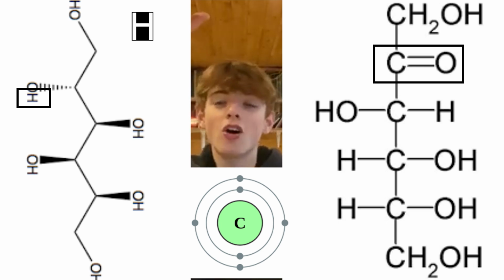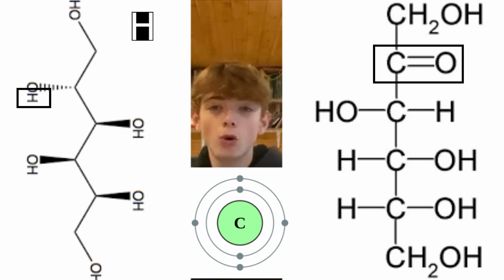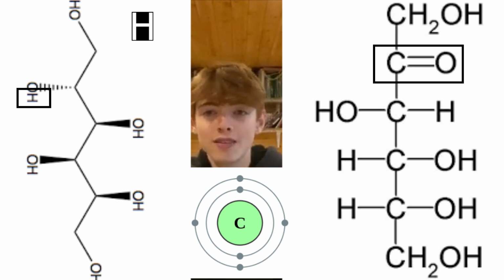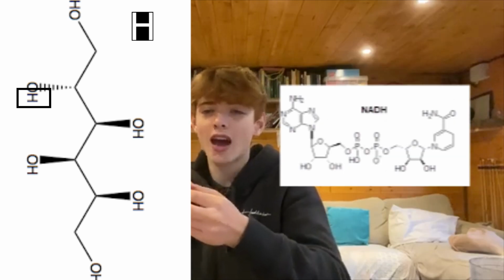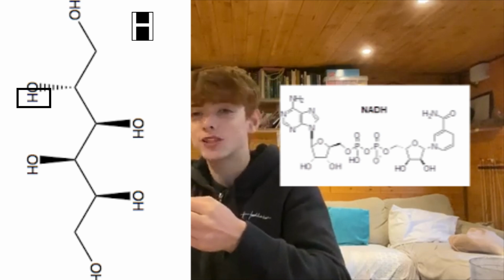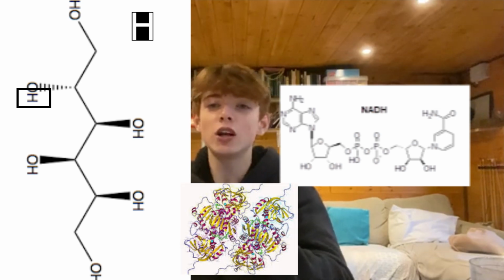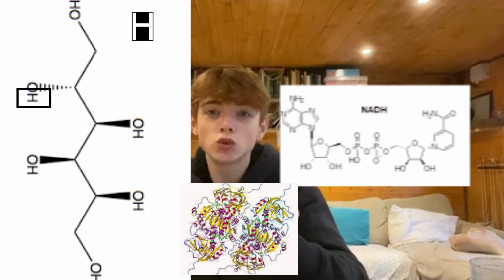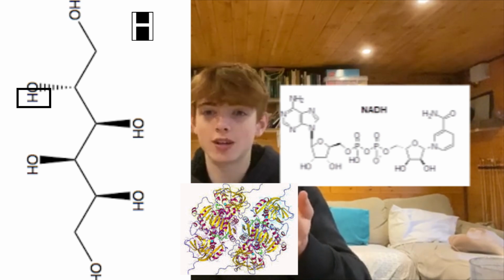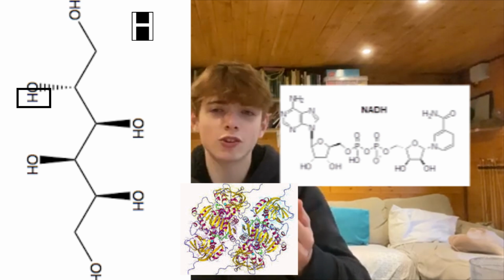This means that the other hydrogen that was bonded to the oxygen itself also has to be taken off. That's where you get the 2 hydrogens from, and that can be either added onto the NADH or excreted as H plus, etc. But that's how a dehydrogenase enzyme normally works, because it removes hydrogen from a particular product. Hopefully I'm right, hopefully that does make a little bit of sense.